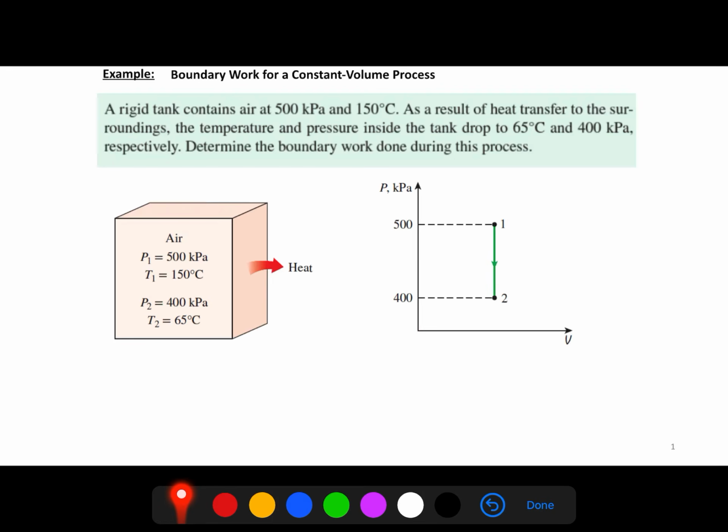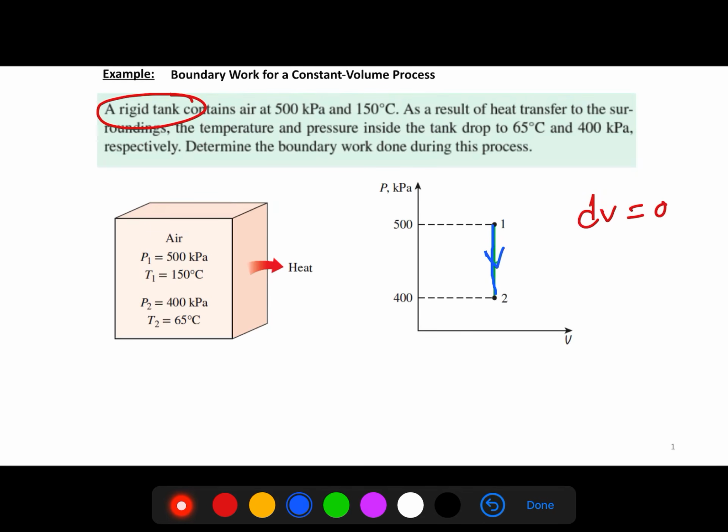In this case, there's no information regarding the volume, but from this question you can see this is a rigid tank. Rigid means it has constant volume, so the volume change dV is equal to 0, and that reflects in this curve.